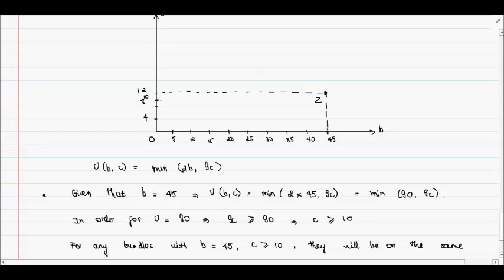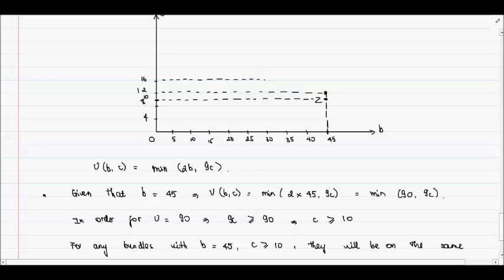So if I keep B at 45 and C at the minimum of 10, this is the bundle over here. Anything above 10 is going to be fine too. So say this is 16, for example. I got another bundle where B equal to 45, C equal to 16.